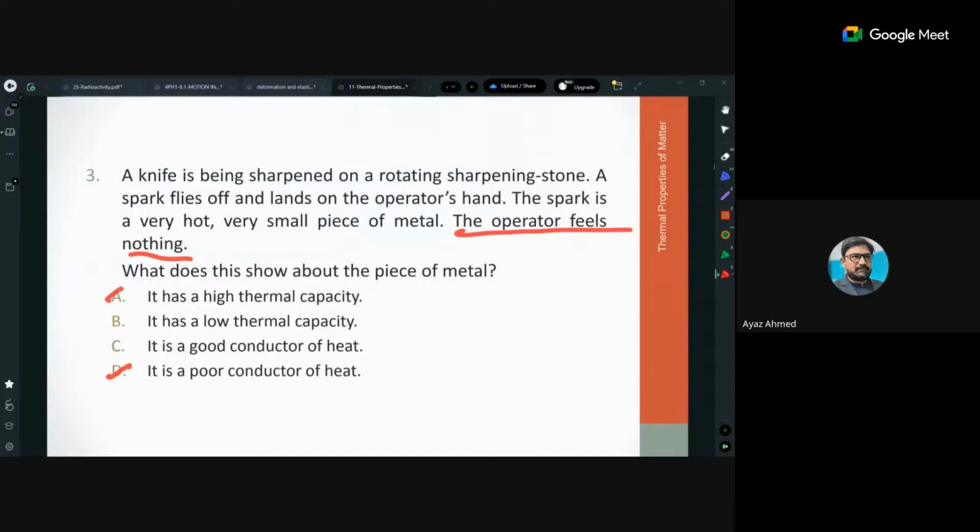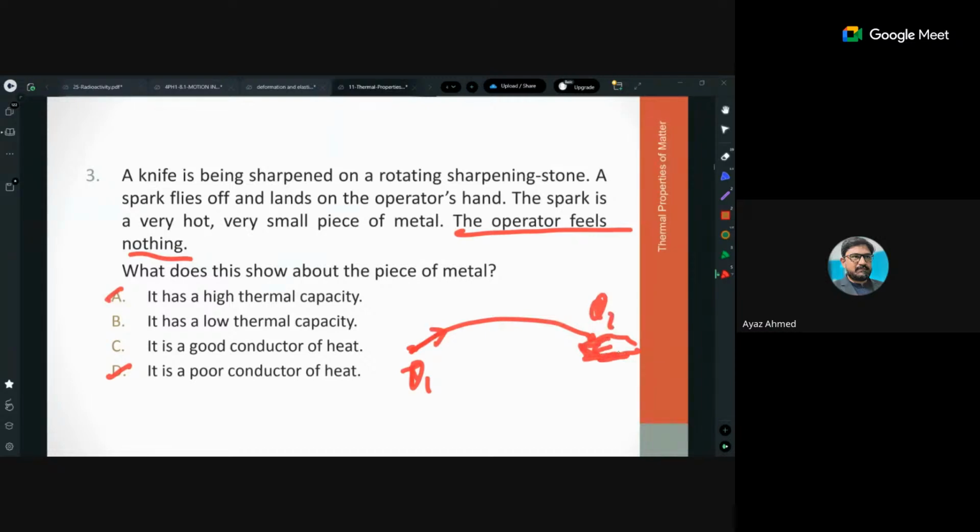Because of the temperature of that spark when it is flying and when it hits the operator's hand. When it flies, its temperature is theta 1, and when it hits, its temperature is theta 2.